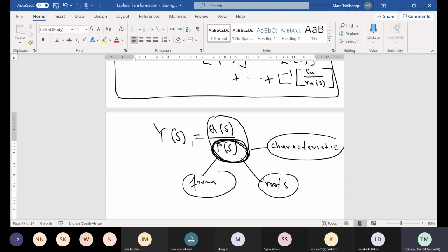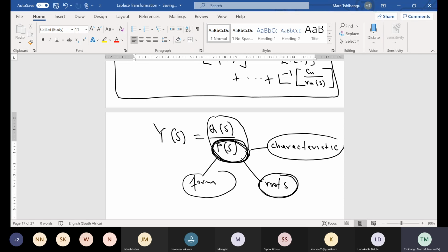Very important. So when we look at the roots, we've got two most likely scenarios. The polynomial P(s) could have n distinct roots, by that I mean real or complex roots.